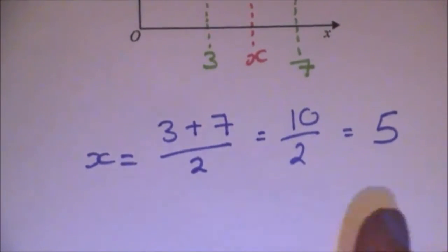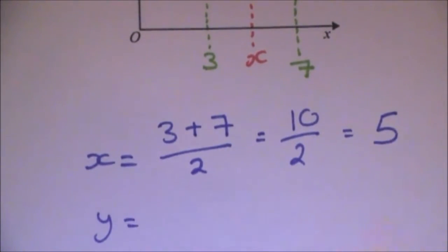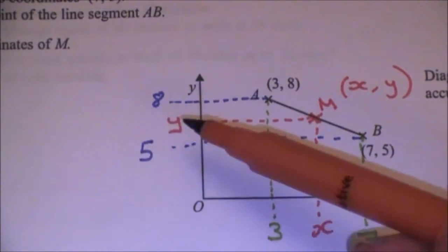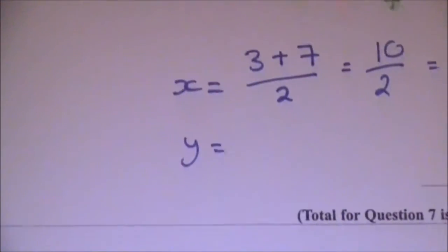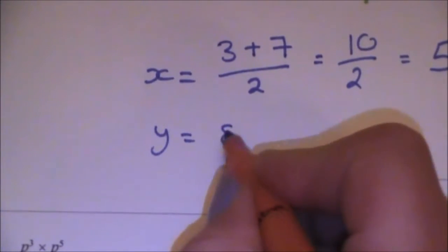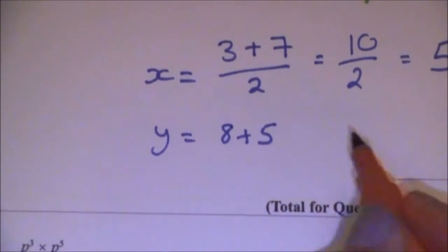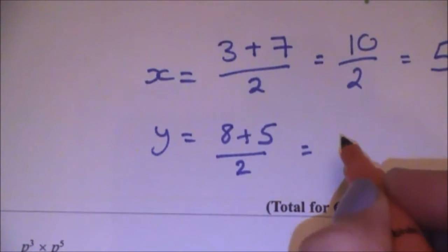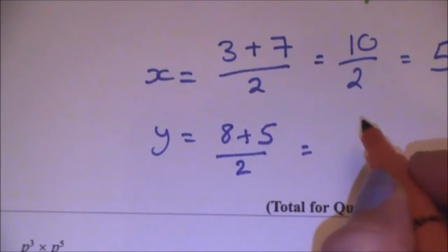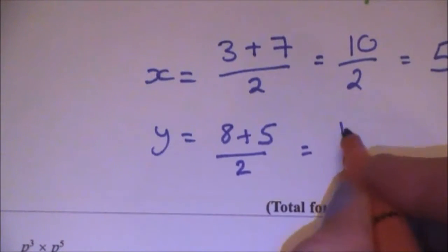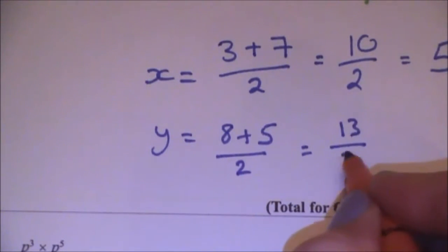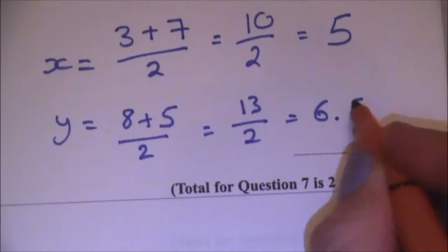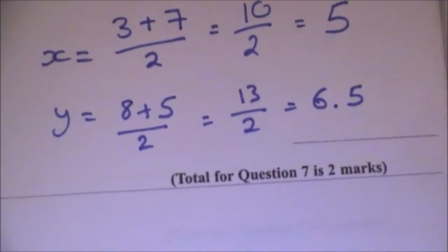Then I'm going to find my y coordinate. And the values I have for y are 8 and 5, and I need to find what's in the middle. So I'm going to do 8 plus 5 divided by 2, and that equals 8 plus 5, which is 13 over 2, and that equals 6.5. 6.5 is also correct.